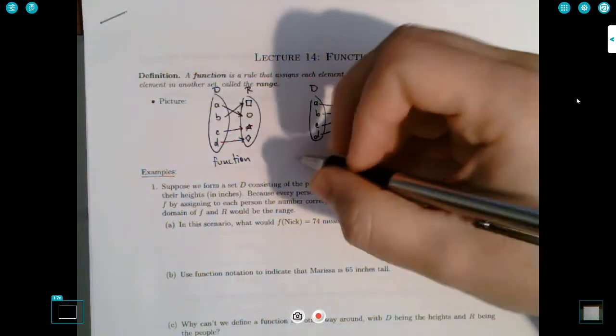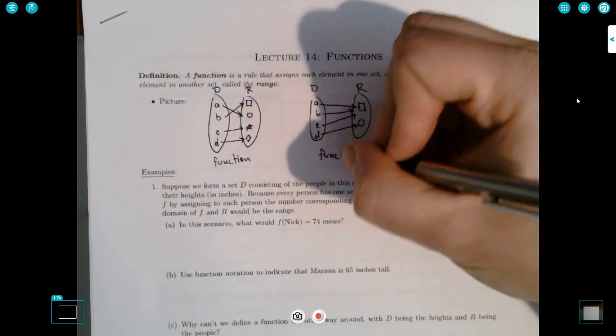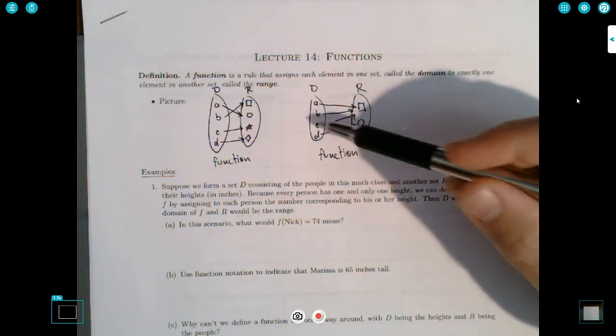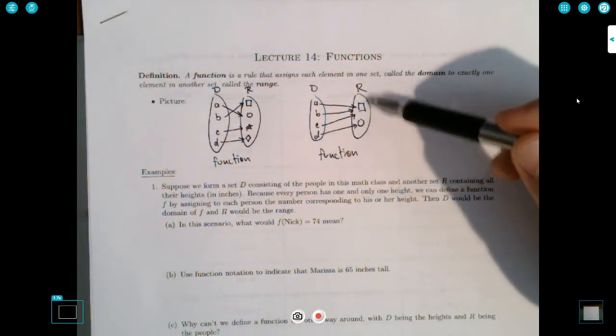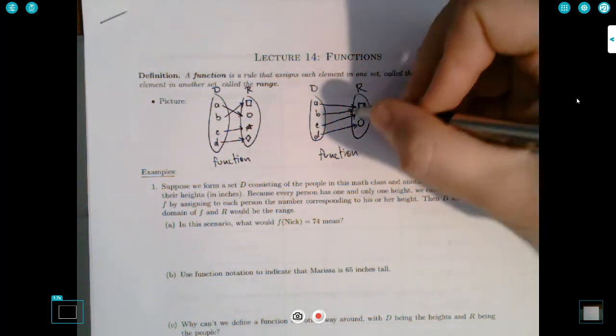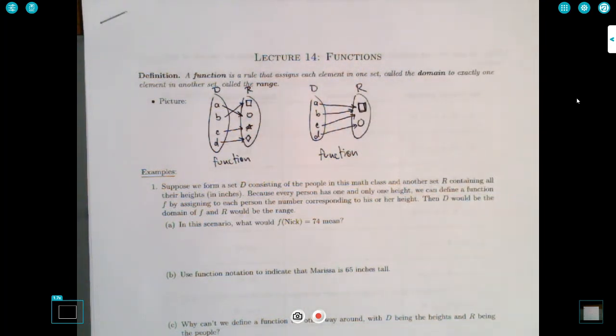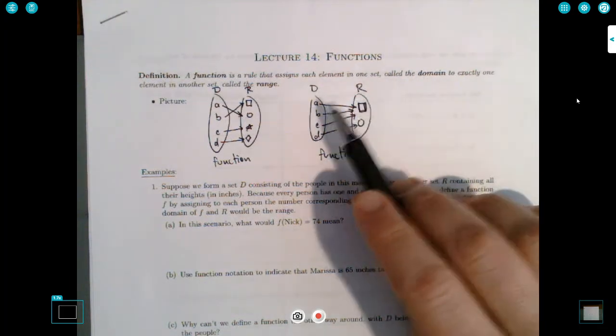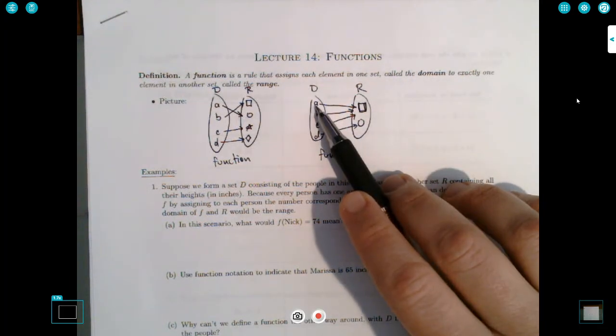Okay, this is still a function, right? It may bother you that three of our domain elements are getting mapped to the same range element, but that's perfectly fine, right? Because you can have that situation. That's not a problem. It's just that we can't have a domain element going more than one place, right?